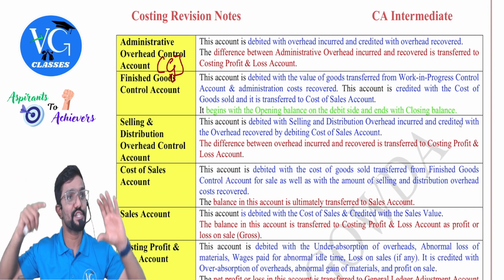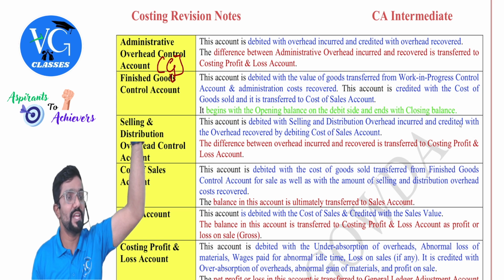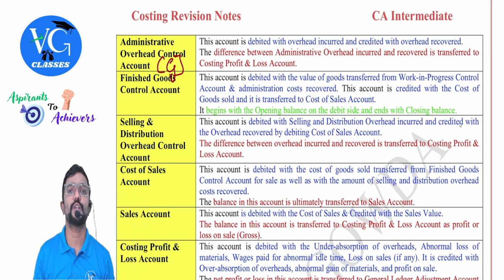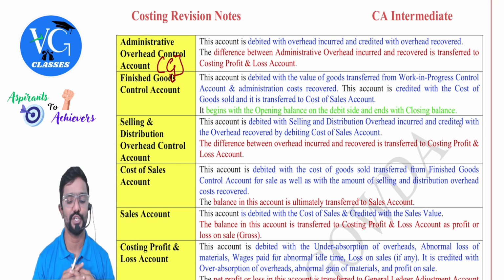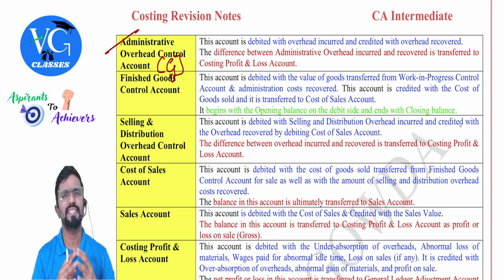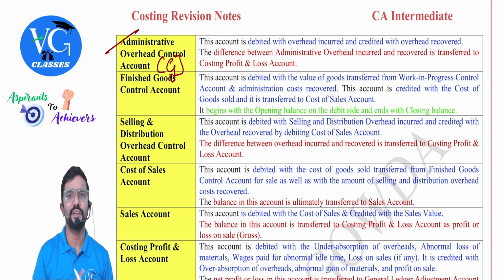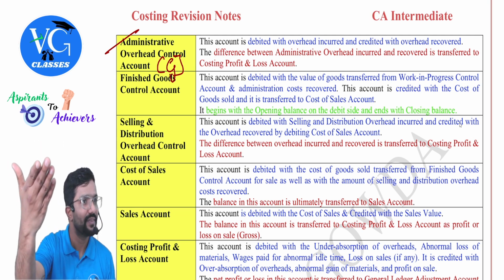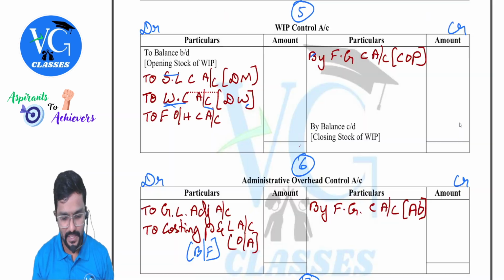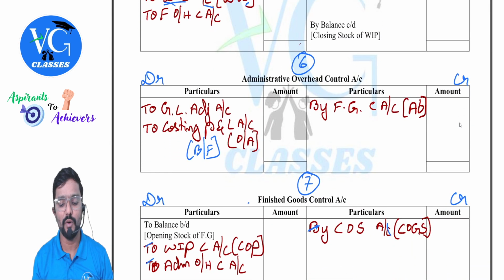If it is related to production, it will come before cost of production. If it is general, it will come after cost of production. But here, it will come after the cost of production, guys. See, any overhead account, same story. But only what is observed will go to the next account. Clear?